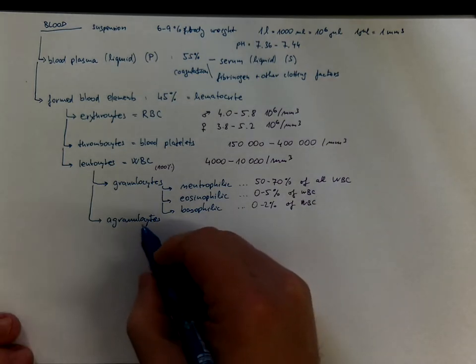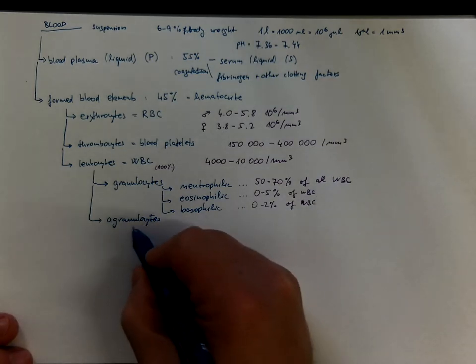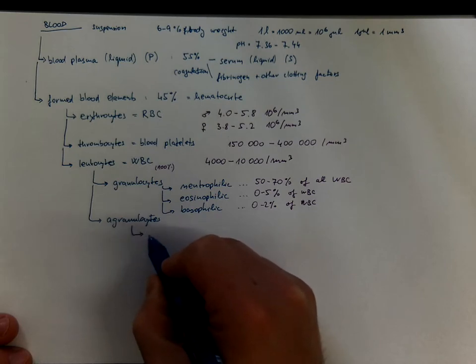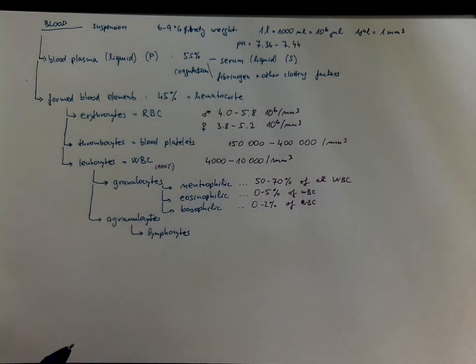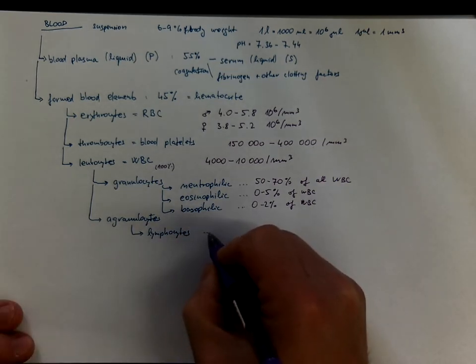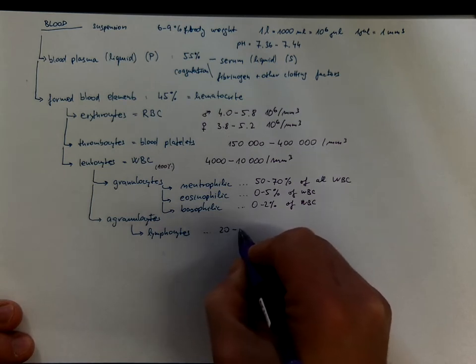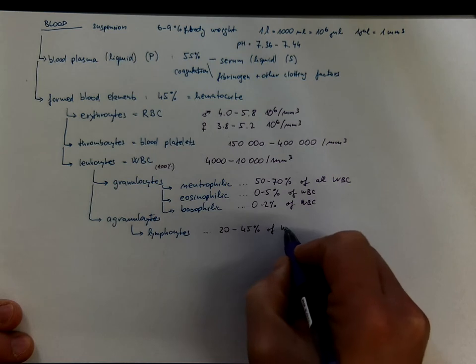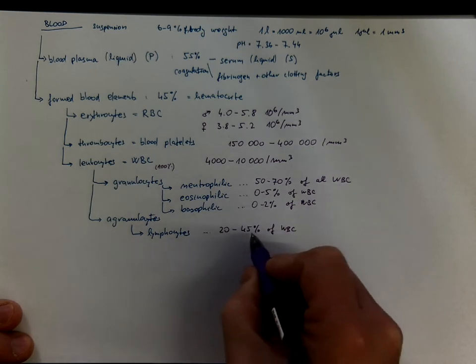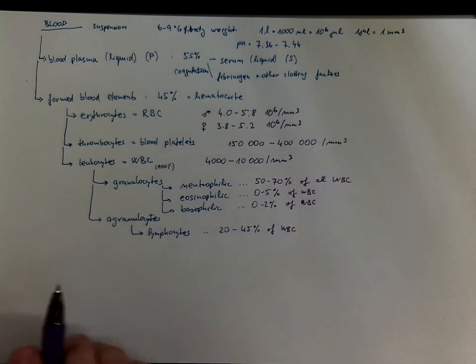And here we go with the agranulocytes, which are lymphocytes, with 20 to 45% of white blood cells. So these are the second most common white blood cells in the peripheral blood.